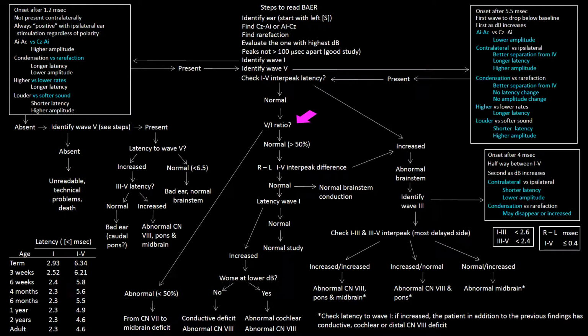So now that we know that the 1 to 5 interpeak interval as determined by the left ear stimulation is normal, we need to ask ourselves if the 5 to 1 amplitude ratio as brought about by left ear stimulation is normal. This is an important point because in the presence of a normal 1 to 5 interpeak interval, the presence of an abnormal 5 to 1 amplitude ratio usually implies axonal damage of the auditory pathway being tested.